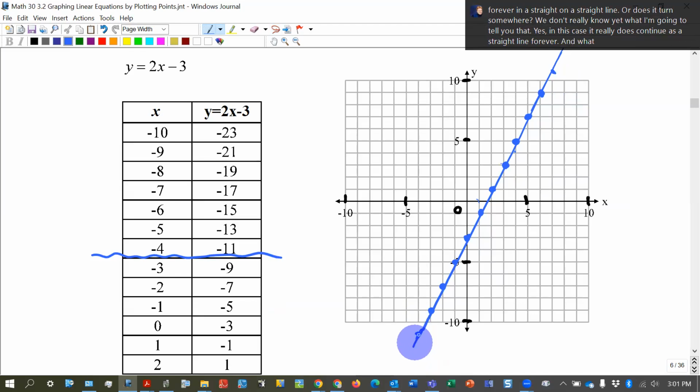And when that happens, we say the graph is linear, it's a line, but we also say that the equation is a linear equation.